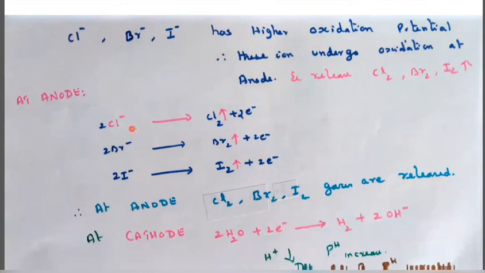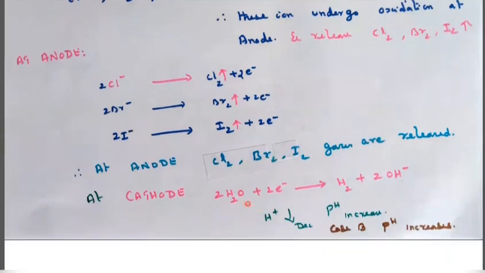At the anode, 2Cl- gives Cl2 gas plus 2 electrons, 2Br- gives Br2 gas plus 2 electrons, 2I- gives I2 gas plus 2 electrons. These are the oxidations that take place at the anode, so Cl2, Br2, I2 gases are released.